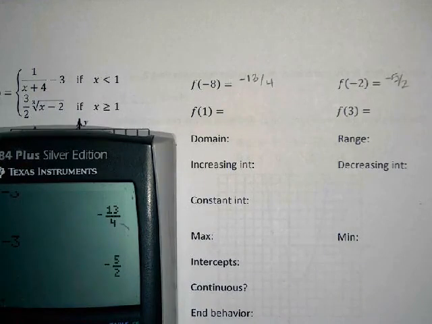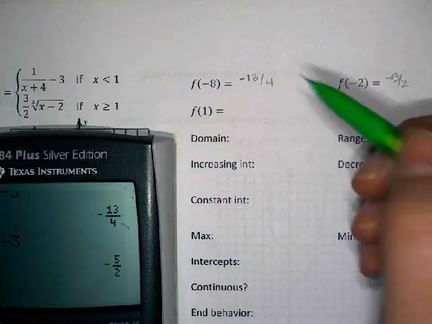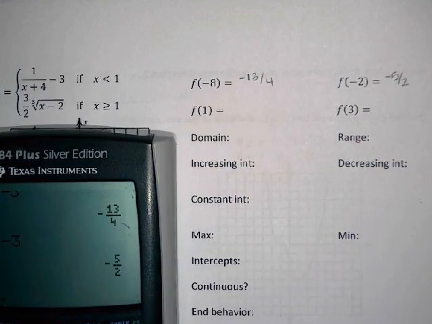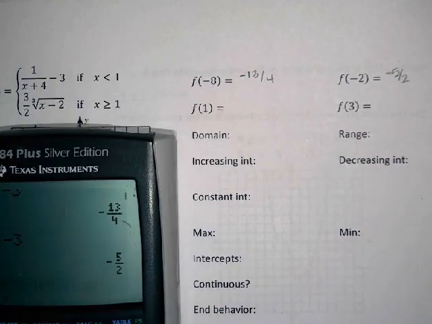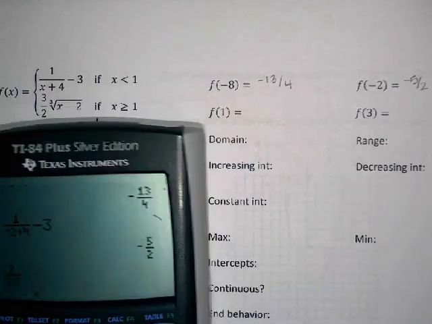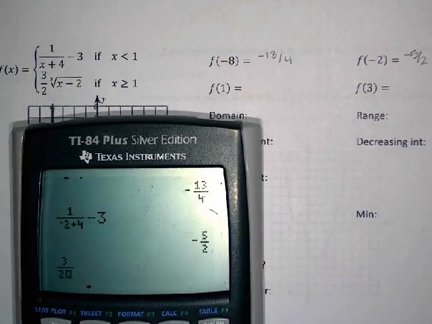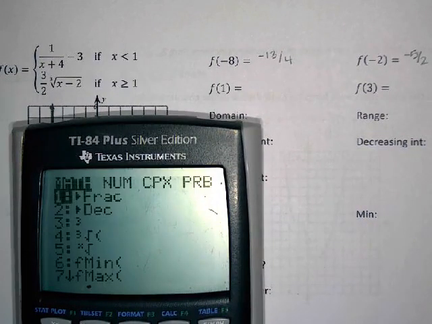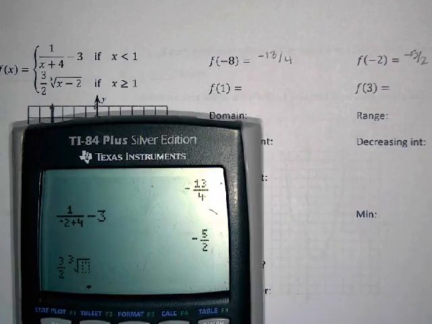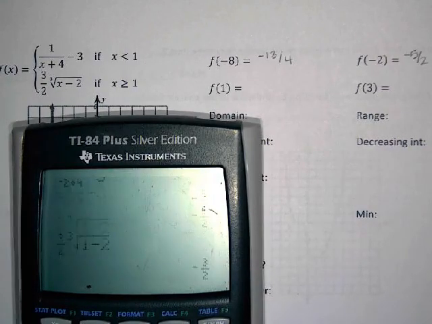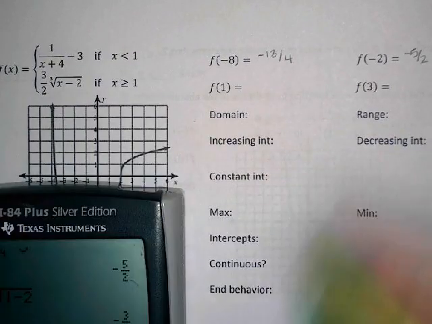The bottom one says equal to 1. So I'm going to have 3/2 times the cube root. How do I get to a cube root? I'm going to hit the math button, go down to number 4, and then I'll type in 1 minus 2, -3/2.